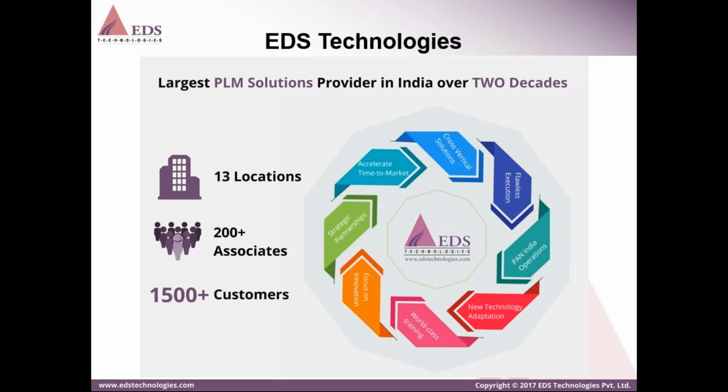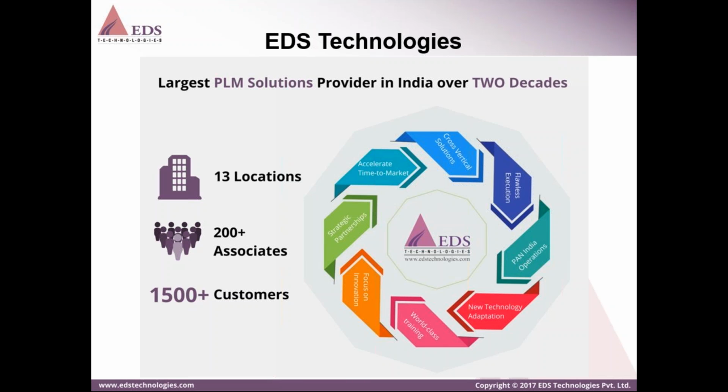EDS Technologies, our head office is located at Bangalore. We are the largest PLM solutions provider across India. For the last 22 years we have been serving the CAD CAM CAE PLM industry.